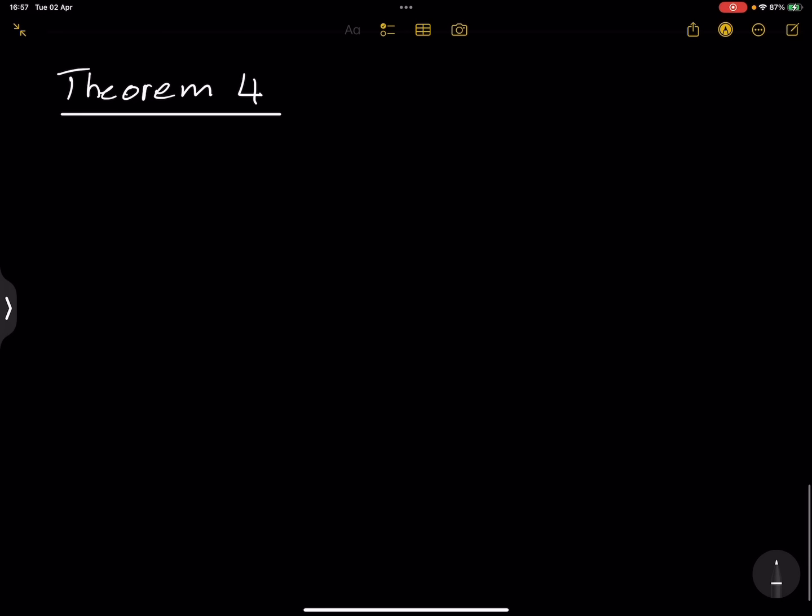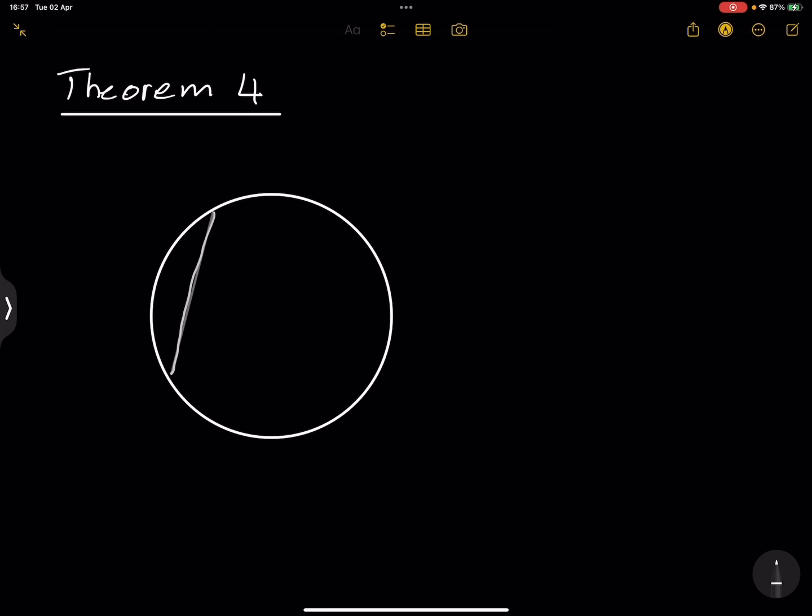If we've got a circle, now what is a cyclic quad? It is a four-sided figure whose vertices touch the circumference of a circle. So let's say we've got a four-sided figure there. That's A, B, C, and D.